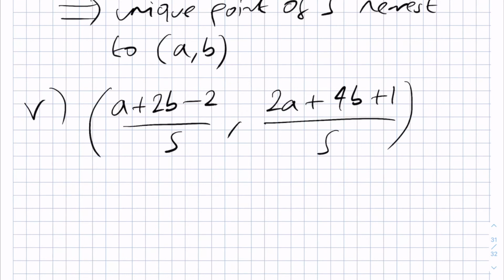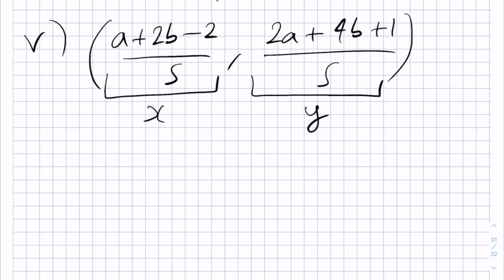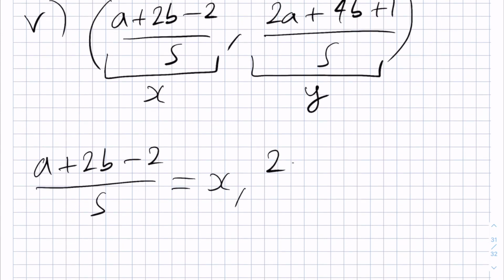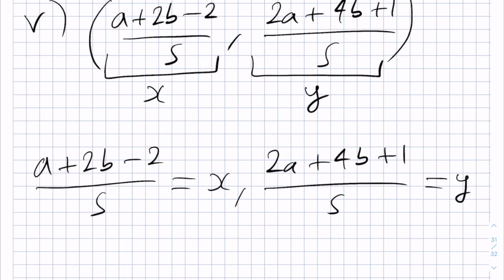We can write this as being equal to x and this as being equal to y, and then we can solve the corresponding equations to find the required line. So if we do that here, we get (a plus 2b minus 2) over 5 as being equal to x, and we have (2a plus 4b plus 1) over 5 as being equal to y.